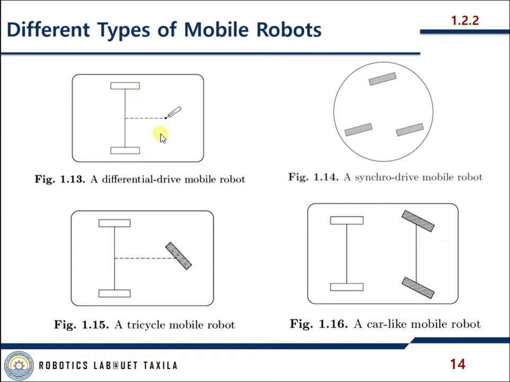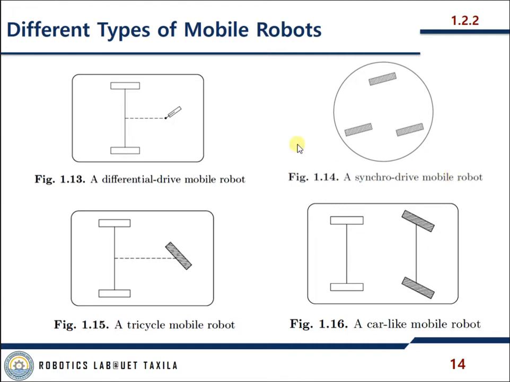While the caster wheel is passive, such a robot can rotate on the spot without moving the midpoint between the wheels. So this robot can move on the spot, provided that the angular velocities of the two wheels are equal and opposite. Again, a vehicle with similar mobility is obtained using the synchro drive kinematic arrangement, shown in figure 1.14. This robot has three aligned steerable wheels, which are synchronously driven by only two motors through a mechanical coupling, that is, a chain or transmission belt.